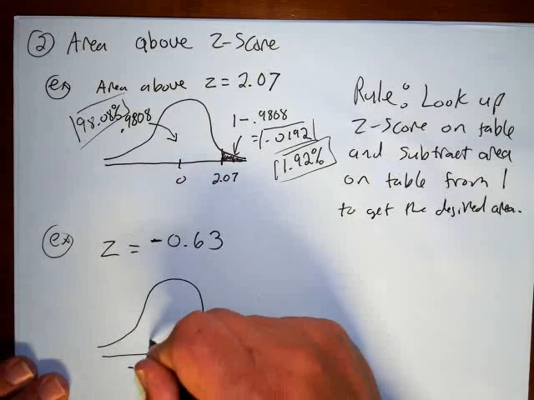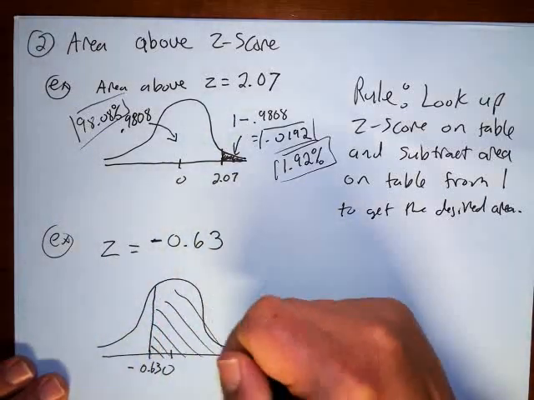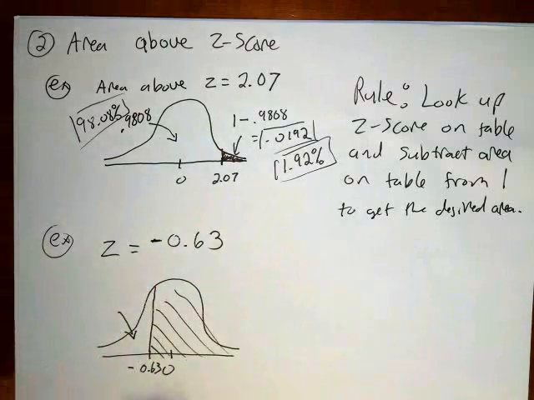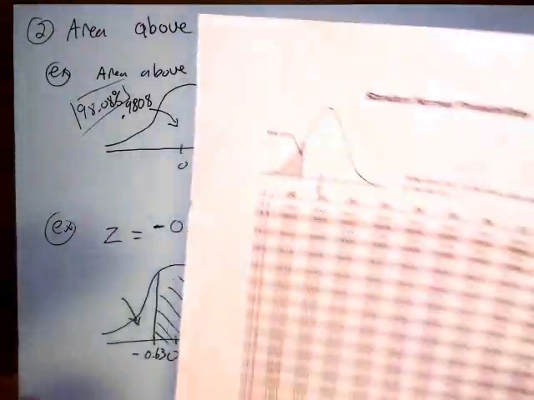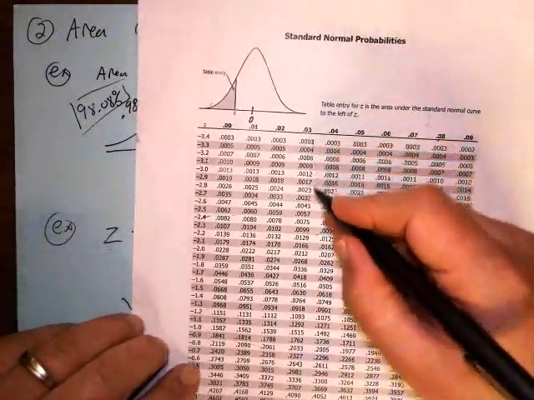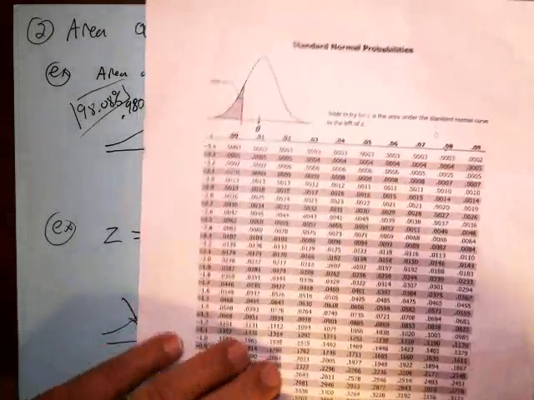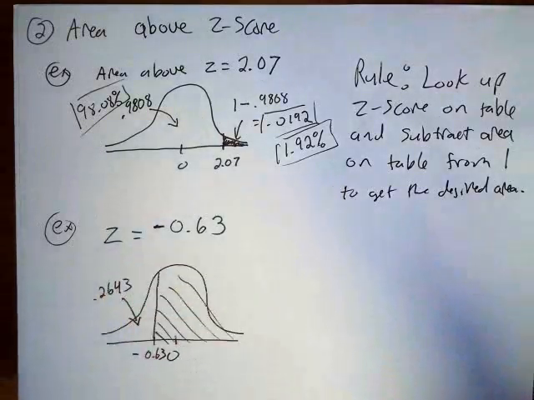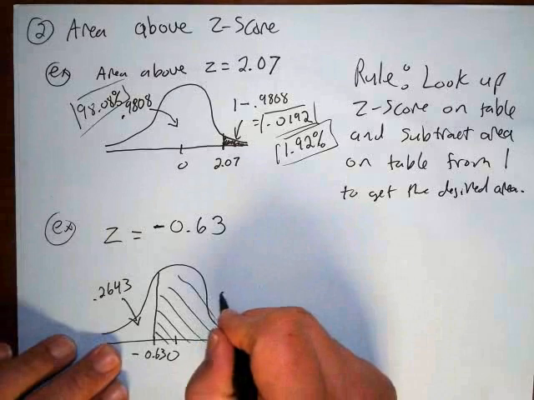And I want to get the area above, so I want to get all this area. When I look up negative 0.63, I'm going to get the area that lies below it. So I go to the negative side, 0.6 and 0.03, and these intersect at 0.2643. Okay, so that's not my final answer because I want the area above.